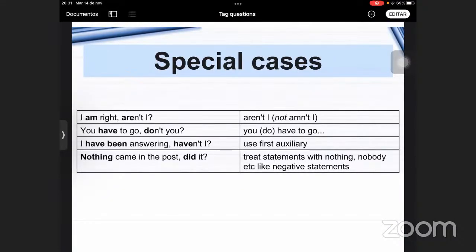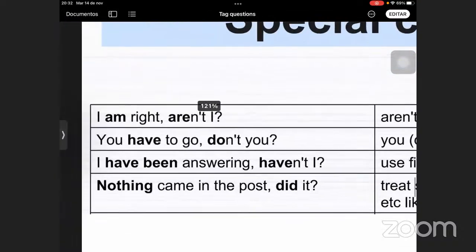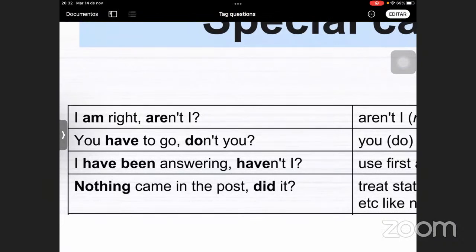Special cases, guys. First example, when you've got the pronoun I conjugated with the verb to be: I am right. You cannot say "amn't I," because we don't have the contraction in negative for am. So we use aren't I. I am right, aren't I?